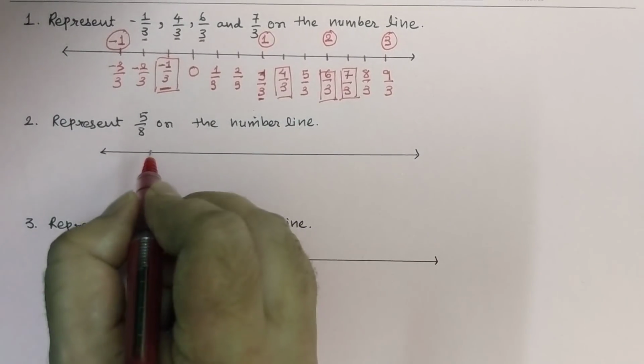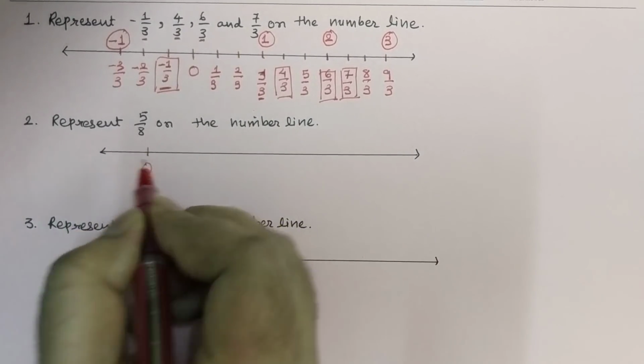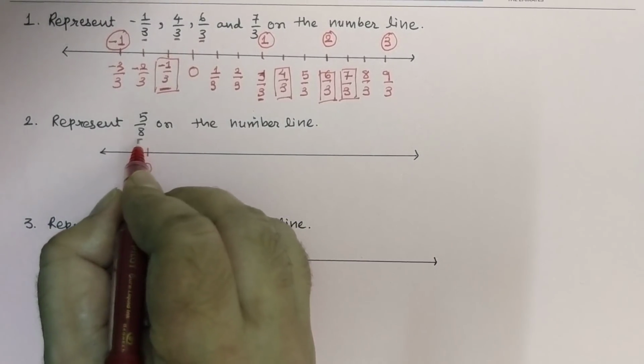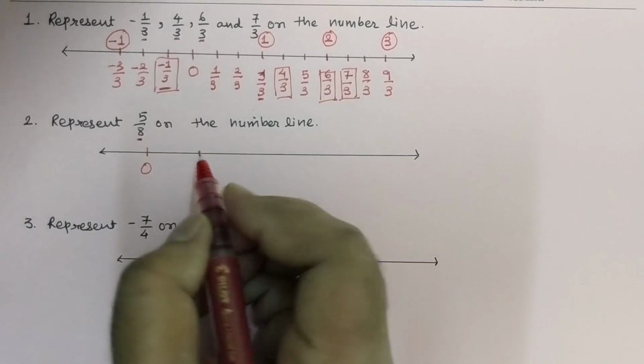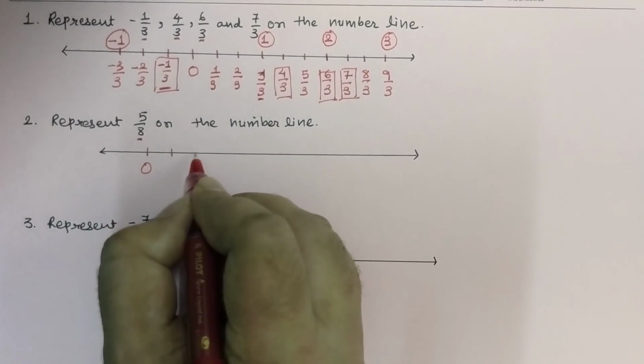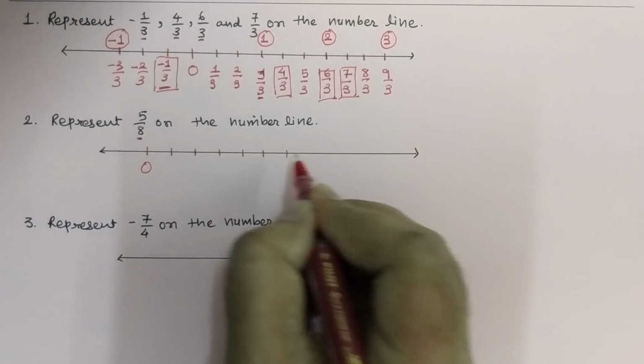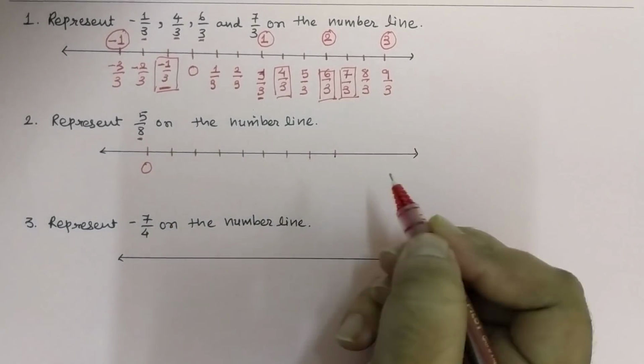So again we will start with the 0. There is no negative number, so no need to write the negative numbers. We will start with the 0, and here in the denominator there is 8. So 1, 2, 3, 4, 5, 6, 7, and 8.